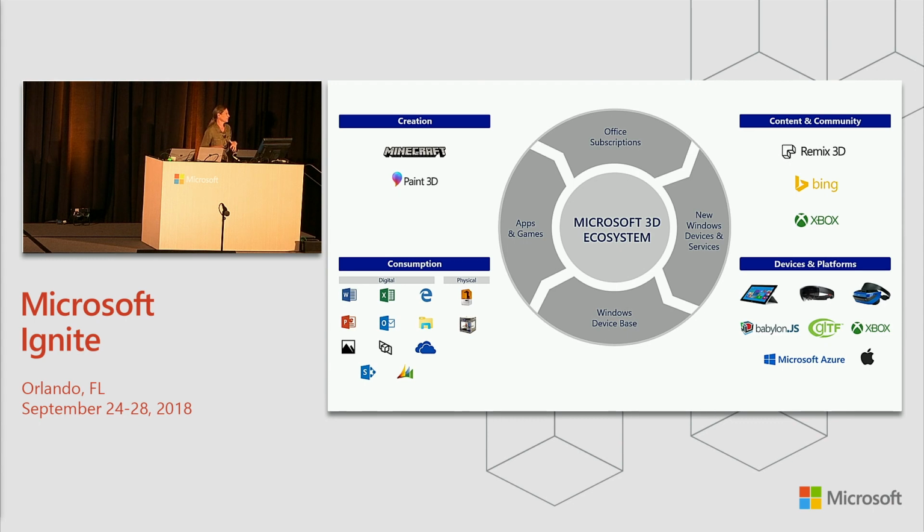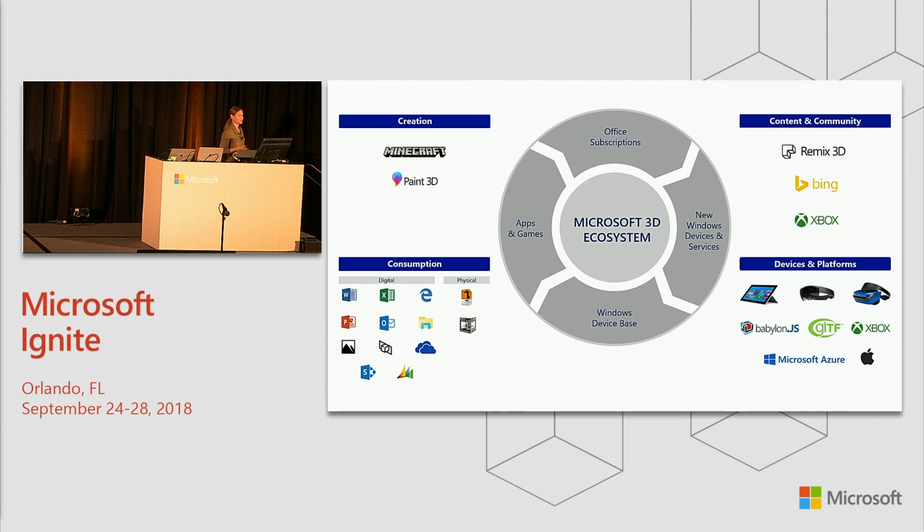And then in terms of content and community, we have Remix 3D, which is user-generated content where people can create their own 3D objects and submit them to Remix, and then they can be used by anyone. We also have a catalog of over 7,000 different first-party 3D objects, which means our technical artists have created them in-house, and we host them on Remix 3D. You'll also find 3D in Bing and Xbox, so it's kind of splattered.